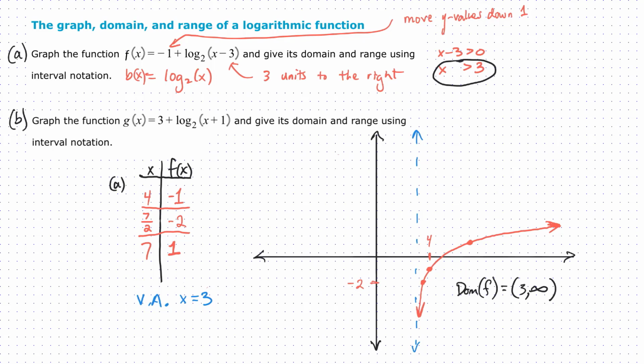Now the range: you're reading from bottom to top. If you're reading the y values from bottom to top, there's an arrow here to indicate the range. So you're starting with negative infinity and your y values are constantly going up because of this arrow. So it's negative infinity to positive infinity.